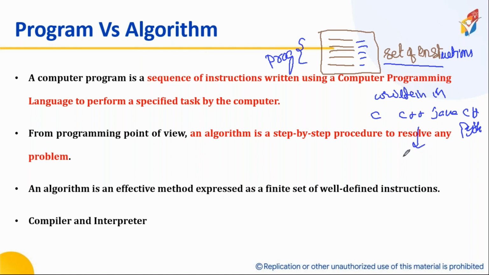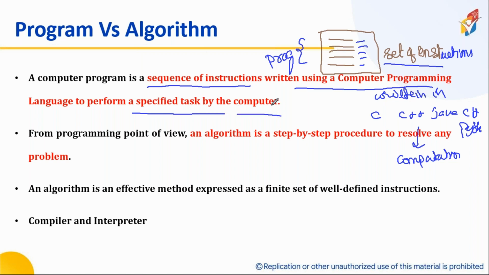To provide a computation, every program should provide a sort of computation. That's what I have discussed in the first statement. Look here: a program is a sequence of instructions written using computer programming languages to perform a specific task by a computer. Now, before going to the program, we are going to write a concept called algorithm. What is an algorithm? An algorithm is a step-by-step procedure of how we are going to solve a problem.